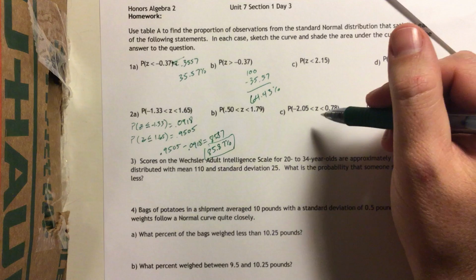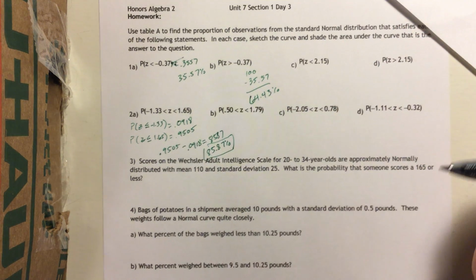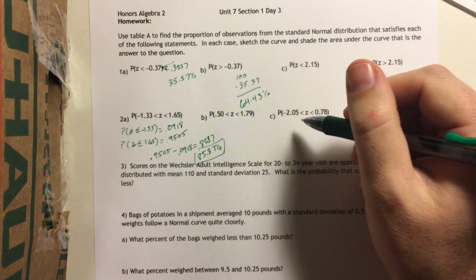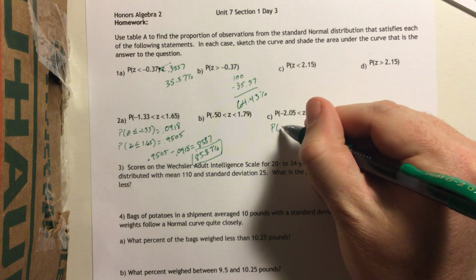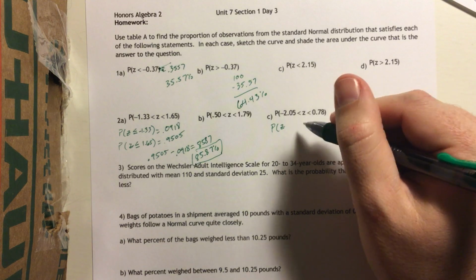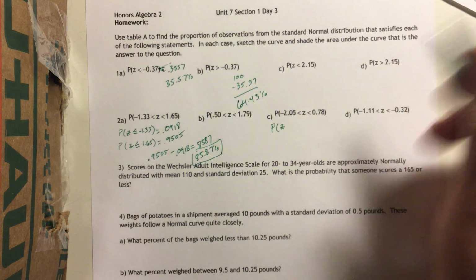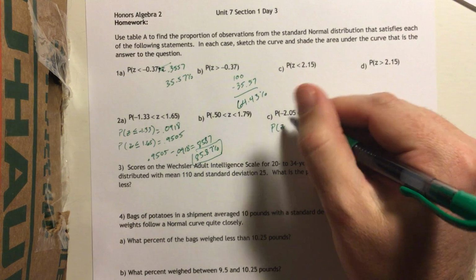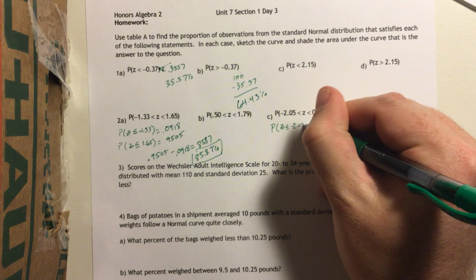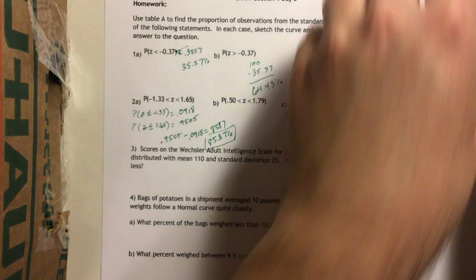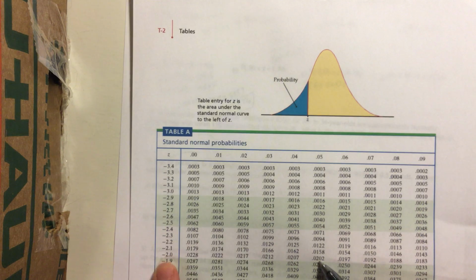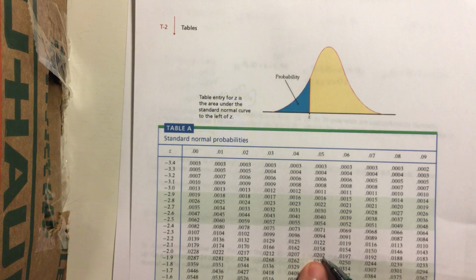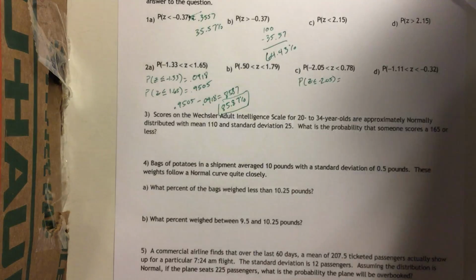I'm going to do C as well, and I'll put all the answers up online, but I'm just skipping around here. So let's do the C. It's very similar. Find the probability of both of these things. Again, we already know the z-score, so we just got to go look at the table. So the z is less than negative 2.05. I would go look at my table. 2.0 and 5 is all the way out here, so this point looks like 0.0202.